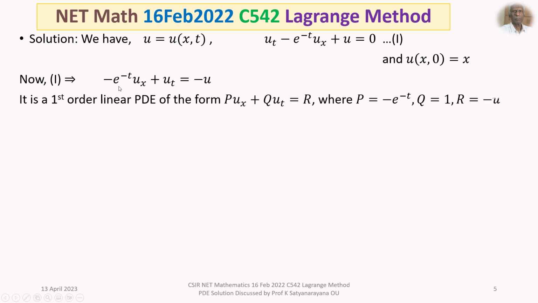This is looking like P u x plus Q u t is equal to R. So it is a first order linear partial differential equation of the form P del u by del x plus Q del u by del t is equal to R, where P, Q, R are functions of x and t, where P is equal to minus e power minus t, Q is equal to 1, R is equal to minus u.